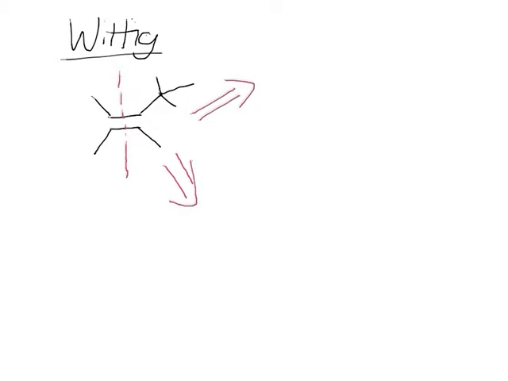If I number this 1 and 2, carbon 1 could be the carbonyl part, in which case carbon 2 is going to be on the Wittig part, the phosphorus part. Here's carbon 2.